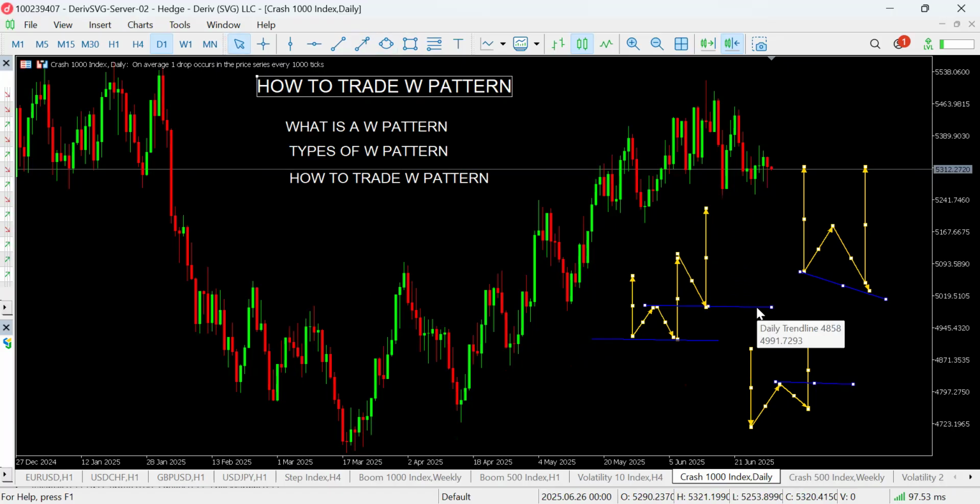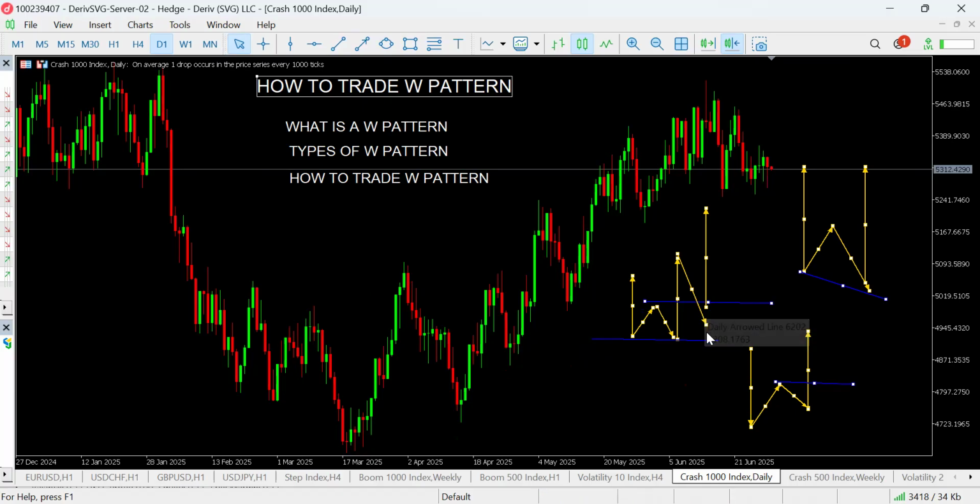Just as I also explained for the M pattern, this may be the textbook explanation of how it is traded. But in reality, when we go to the chart, there are times where price can break this neckline a bit, come into this level, play for a while, then give us reversal candles, and then we can take our trades in the upwards direction.